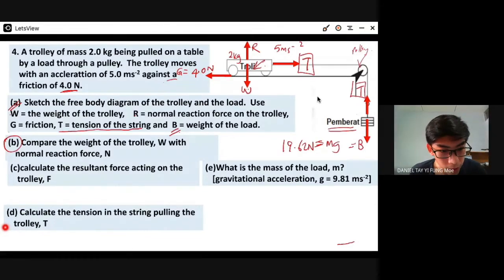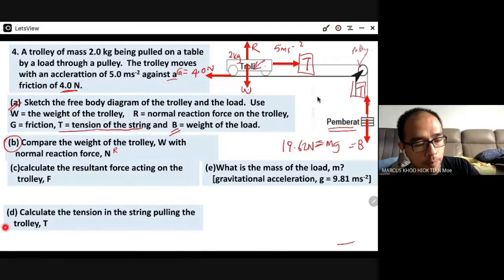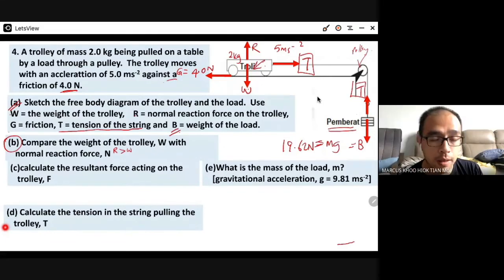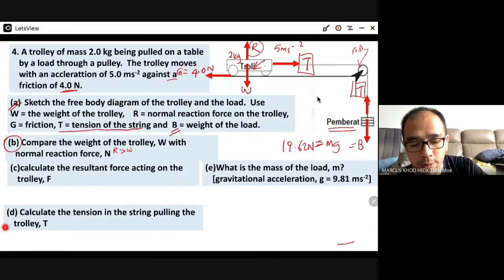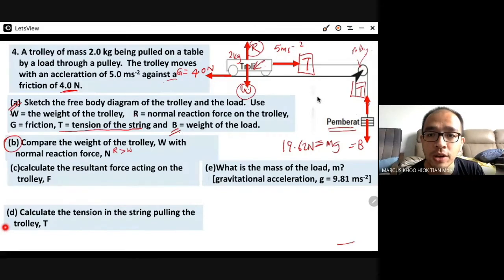R is bigger than W. What do the rest of you think? Think about it now. If R is bigger than W, where is this trolley going to go? It's going to go upwards. But this trolley is not going upwards. It's going left and right only.